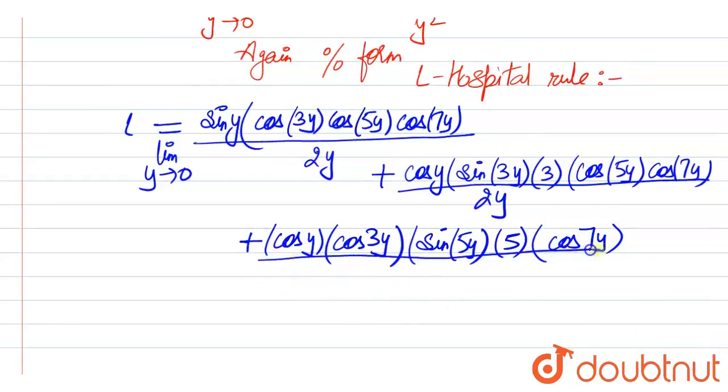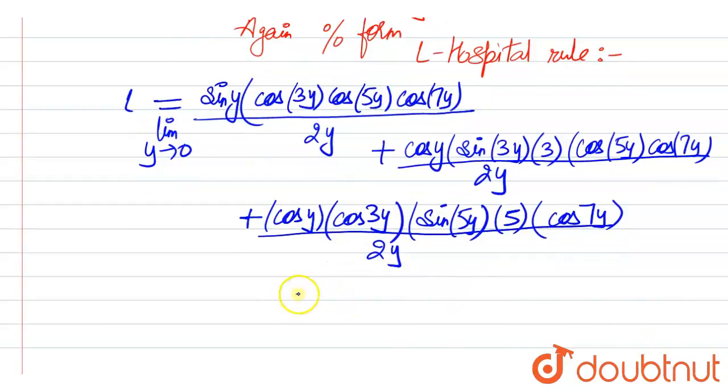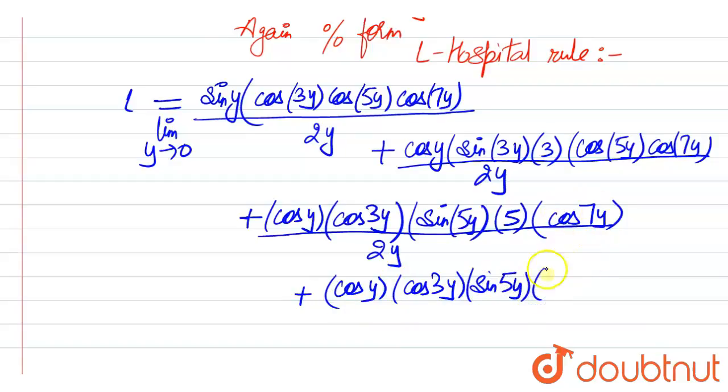divided by 2y, and the last term we have plus cos y into cos of 3y into sine of 5y into the differentiation of cos 7y, which would be sine 7y into 7.